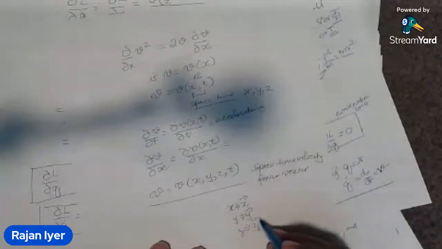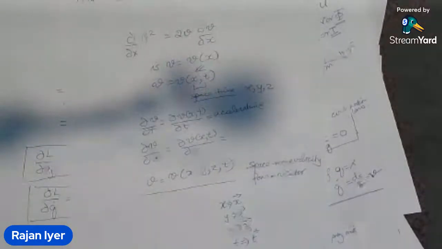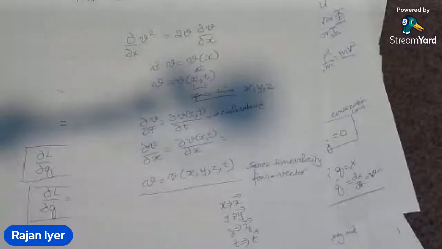But yeah, t also should become a vector. That's what we are trying to do. 4-vector. t would become a vector, not a scalar.